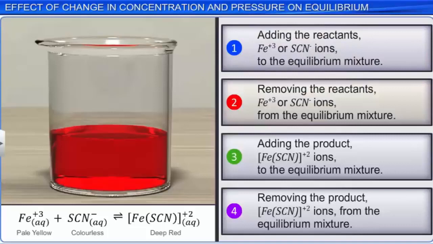Removing the reactants Fe3+ or SCN- ions from the equilibrium mixture. Adding the product FeSCN2+ ions to the equilibrium mixture. Removing the product FeSCN2+ ions from the equilibrium mixture.